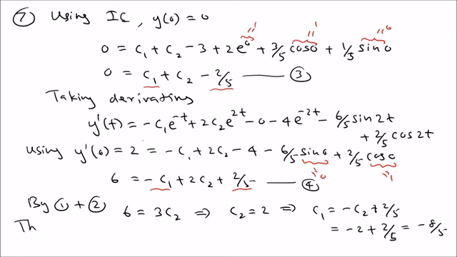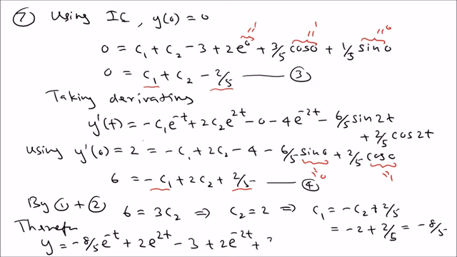Therefore y equals negative 8/5 e to the negative t plus 2e to the 2t minus 3 plus 2e to the negative 2t, and then 3/5 cosine 2t plus 1/5 sine 2t. You can see that none of the terms are 0. That's very interesting. Okay, so that's the solution.